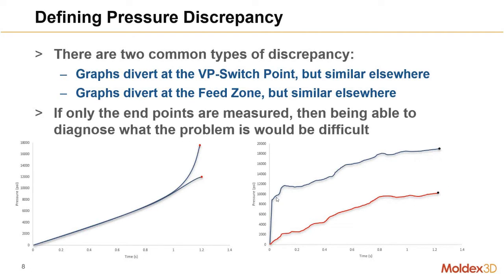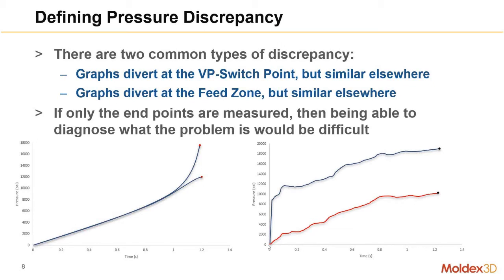However, over here, you can see that the general trend of the curve is very similar between the two throughout the part and all the way out to the end of the sprue pressure. But right at the beginning, we see a very large jump in the blue curve here, and pretty much no jump at all in the red curve. So this would indicate to me that we're missing something.